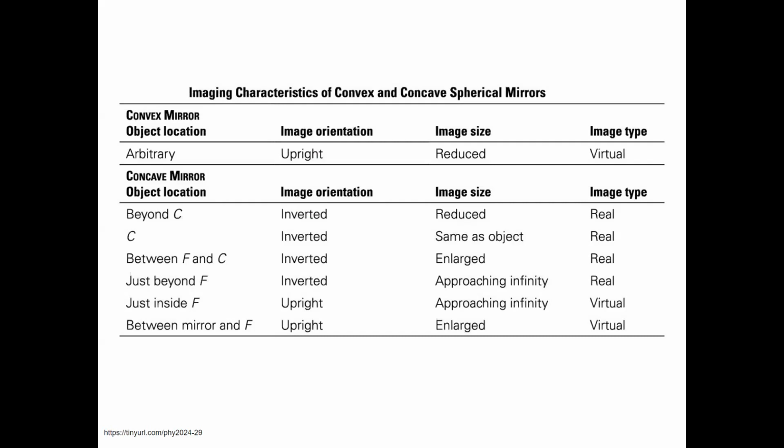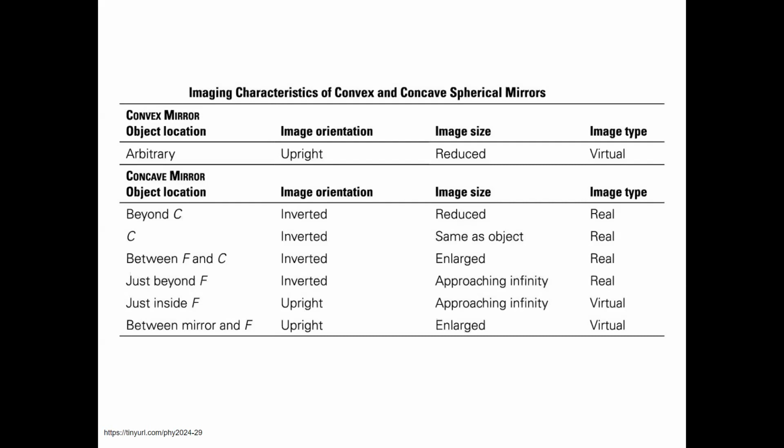Okay, so the mirror hanging on the wall at the corner of a building is going to be a convex mirror. And the side mirrors in your car are convex mirrors. All right, the rear view mirror in your car is also a convex mirror.